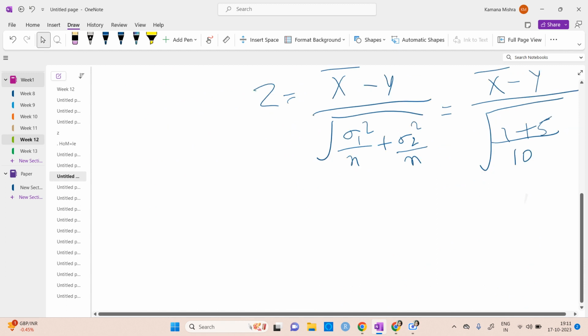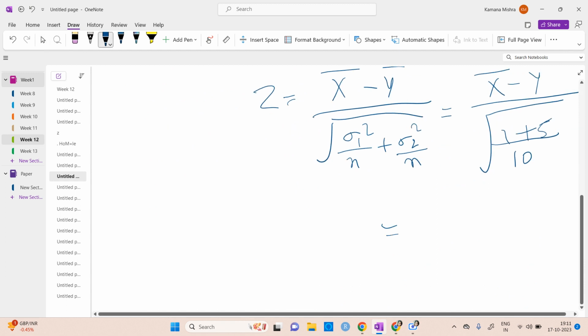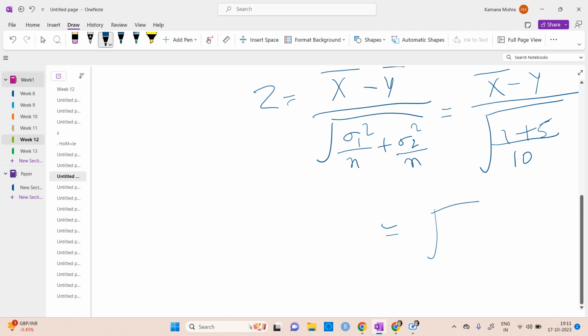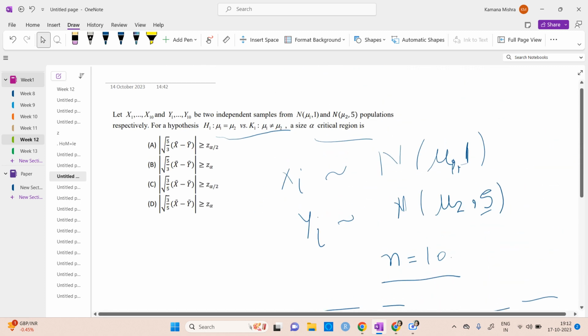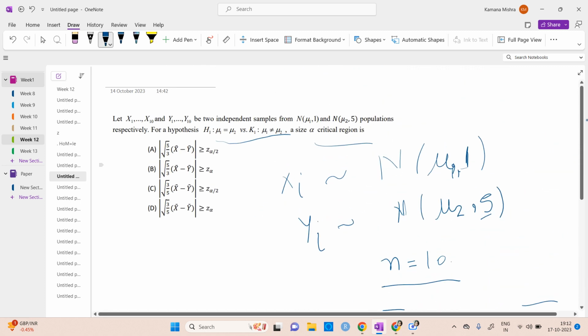So 6 upon 10 would be, 6 upon 10 would be what? 3 upon 5, right? So in total, root 5 upon 3 times x bar minus y bar greater than z alpha. So that would be the answer, right?